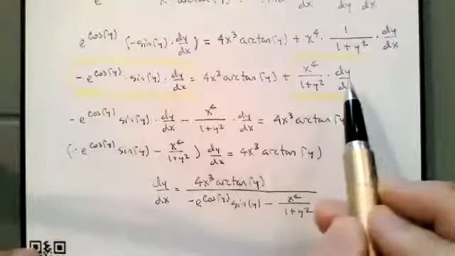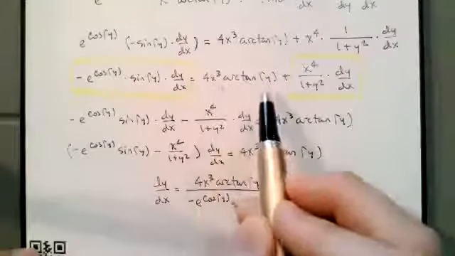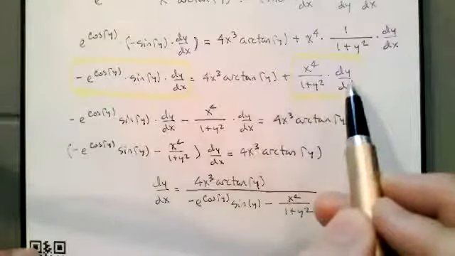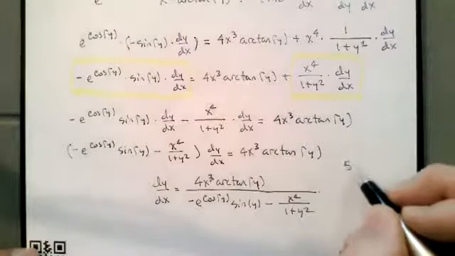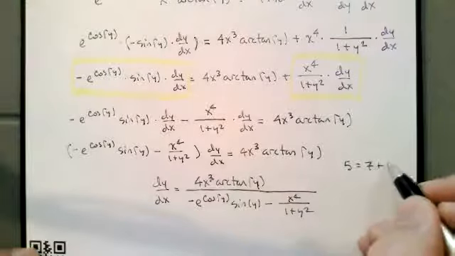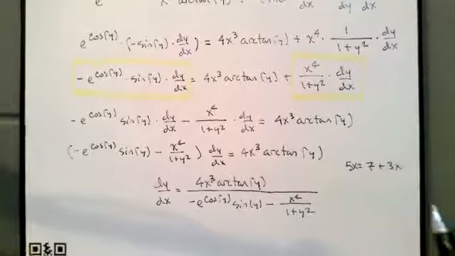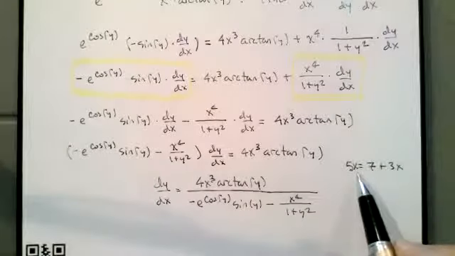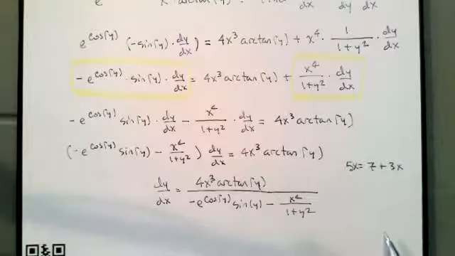So this equation is stuff times the thing we're looking for, some stuff, and then some more stuff times the thing that we're looking for. This equation might as well be 5x equals 7 plus 3x. Something times the thing that we're looking for equals a non-x term plus 3 times the thing that we're looking for.